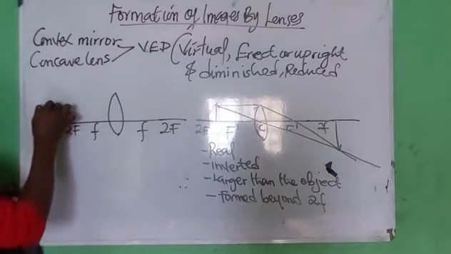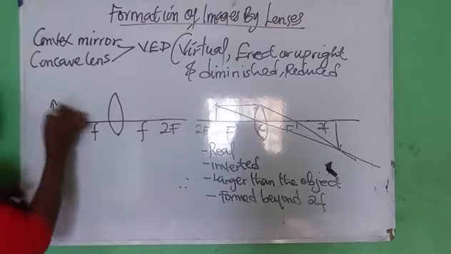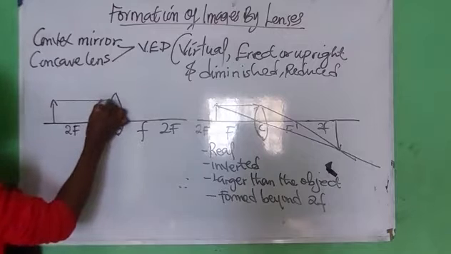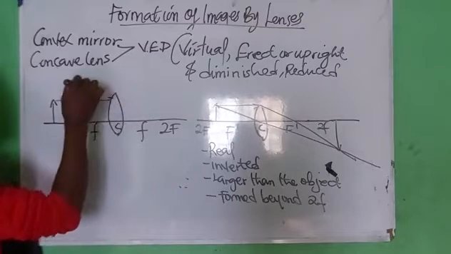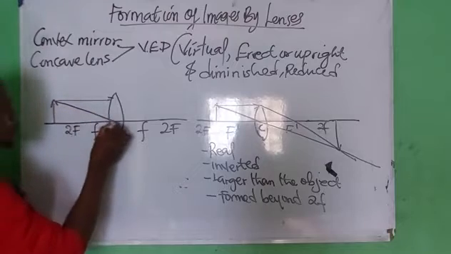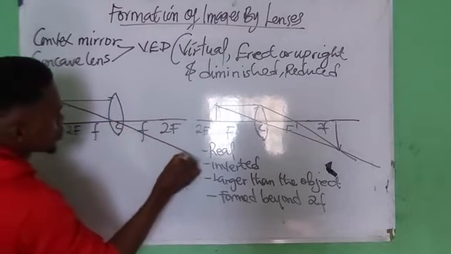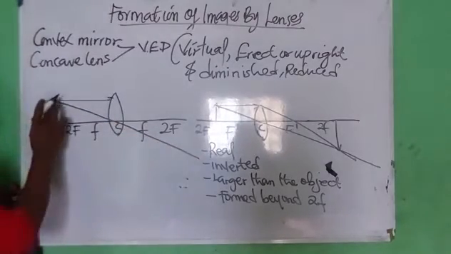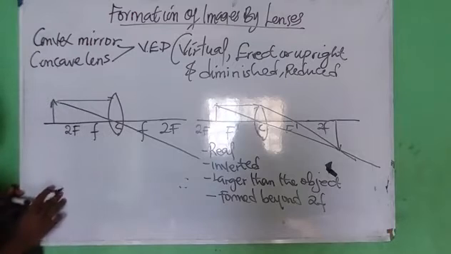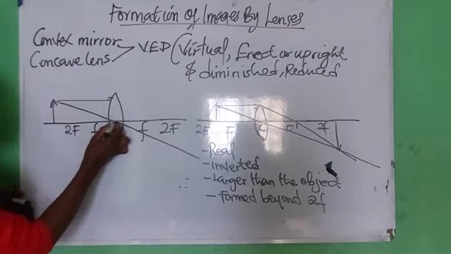When an object is placed beyond 2f, don't forget your radius of curvature. I have something like this. This first one I told you will always cut through the radius of what? Curvature. Alright? To cut through this region, which is the radius of curvature.